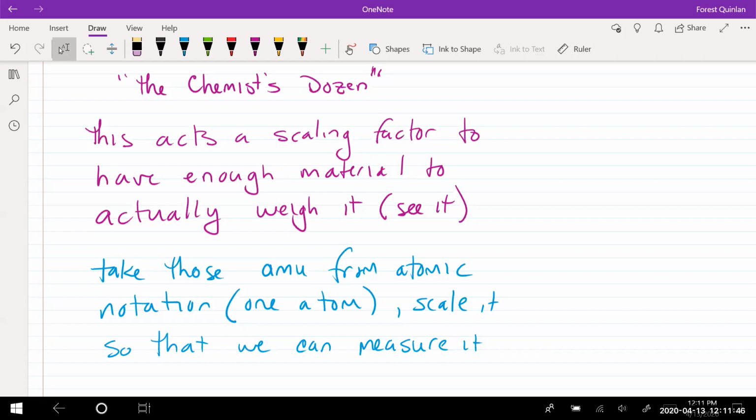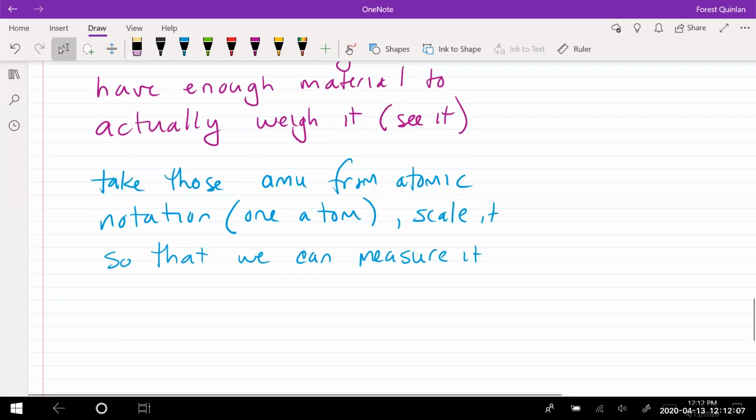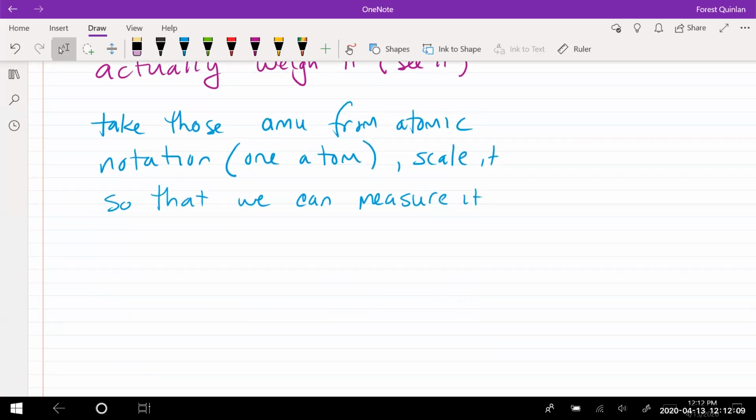I'm going to go ahead and say it here real quick, but that's the last time we're going to talk about it, because from here on out, we're going to talk about it in terms of grams, something that we can actually measure. Now, specifically, because we're using Avogadro to do this, we are going to make a mole's worth of material. And so really what this does is it takes these AMUs and now converts them into the following.